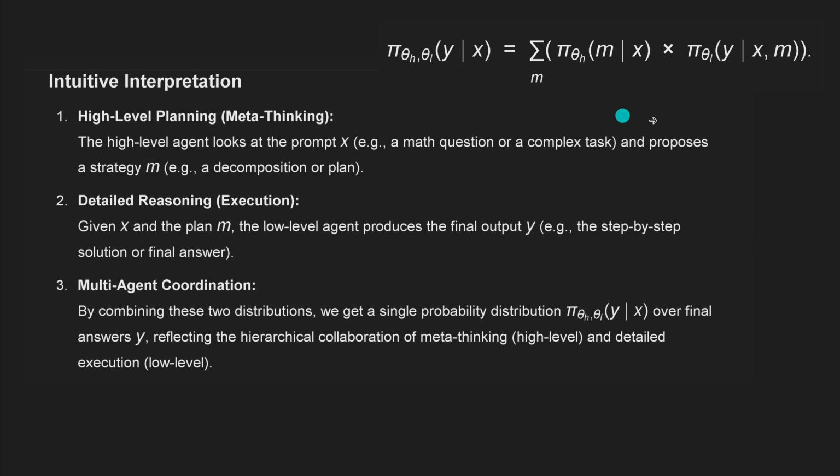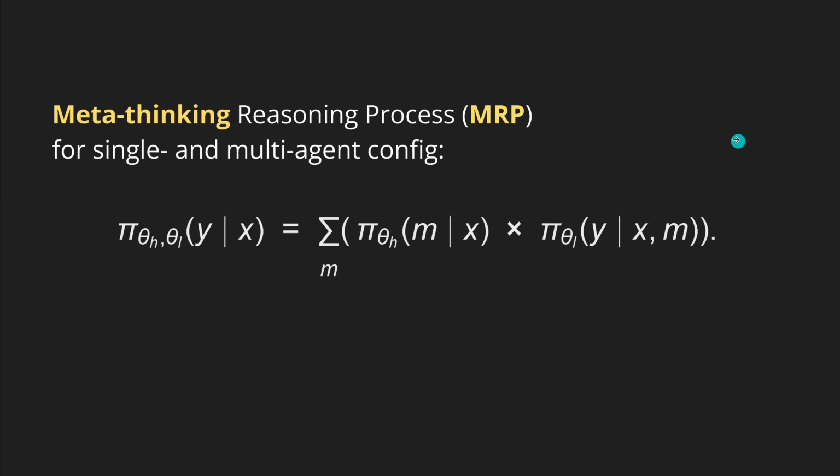So you can have a feeling for this formula, you can have a pseudocode for this formula, or you simply understand in detail the components of this formula. So this meta thinking reasoning process, which we call m, we can do for a single or multi-agent configuration. As you see, we have two agents, a theta H and a theta L. We have a two-agent configuration.